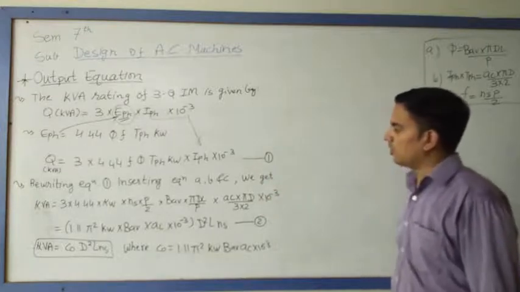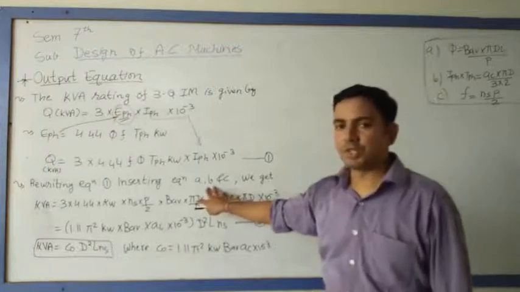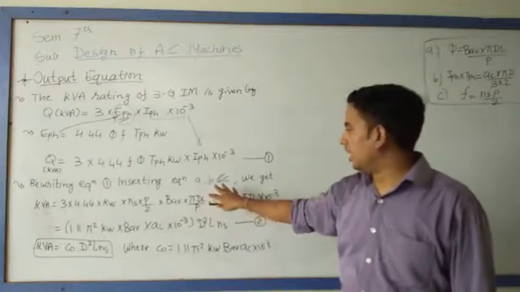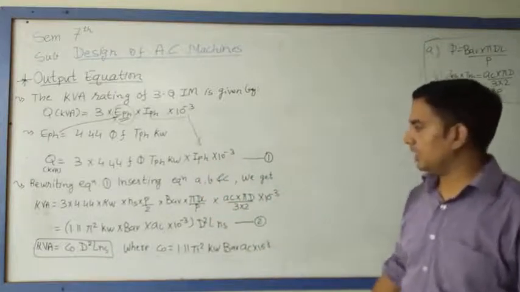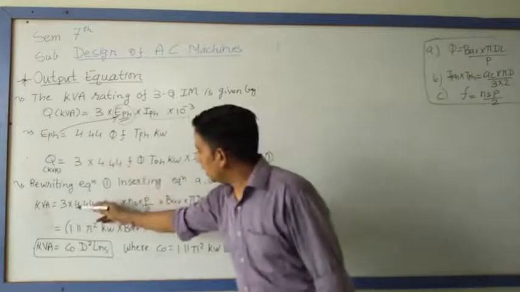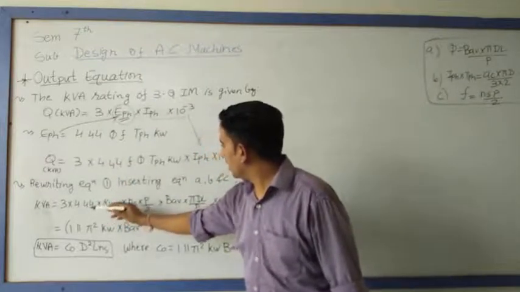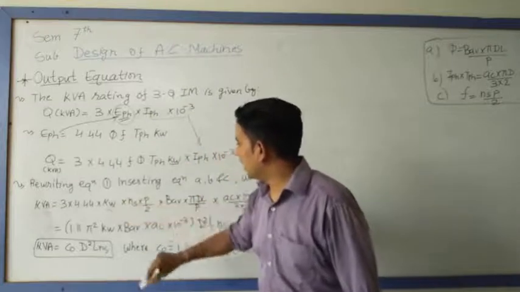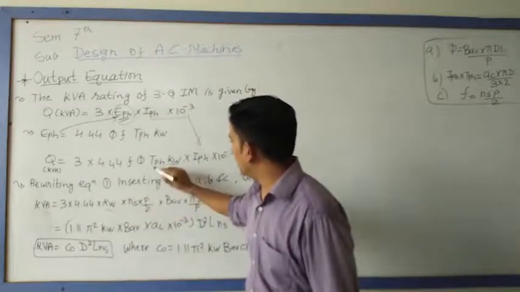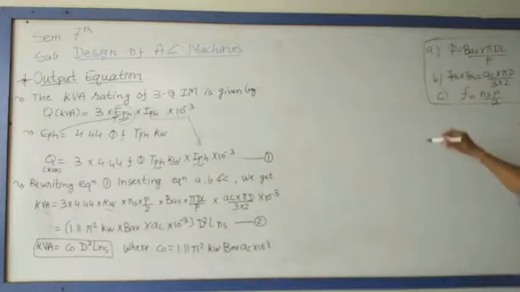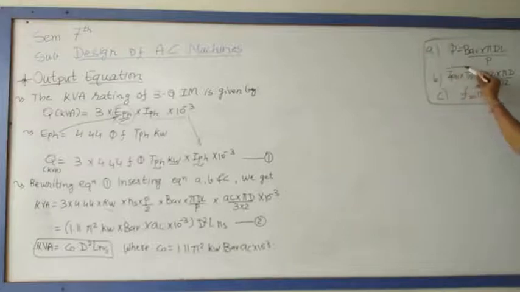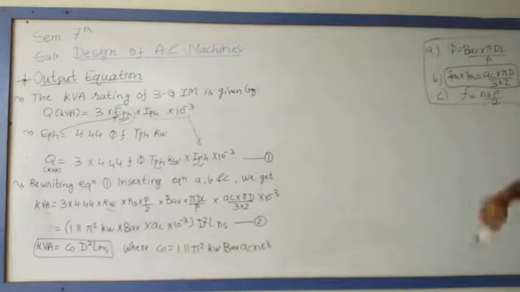giving us equation 1. Now we are going to insert the previous equations A, B, C in this equation number 1 and rearrange the terms. kVA is equal to 3 into 4.44 kW. Then we are going to replace this term TPH into IPH. TPH into IPH is equal to AC into pi d divided by 3 into 2.